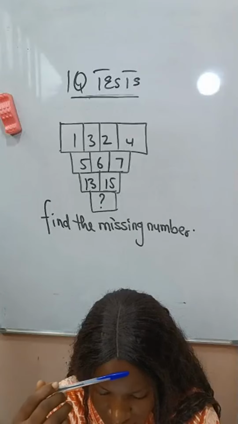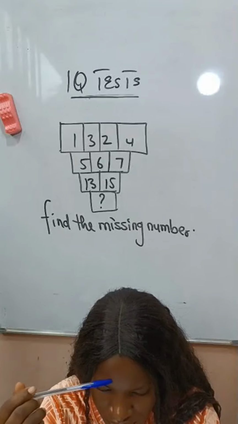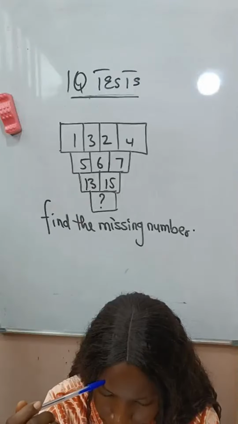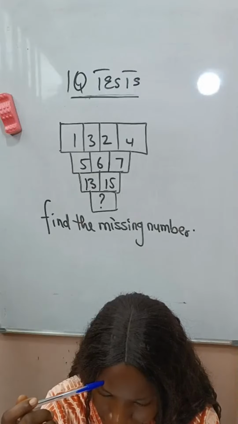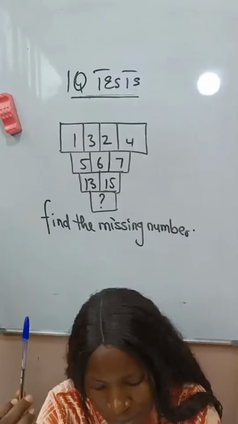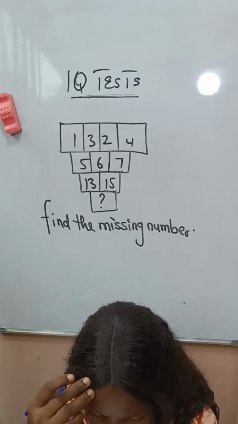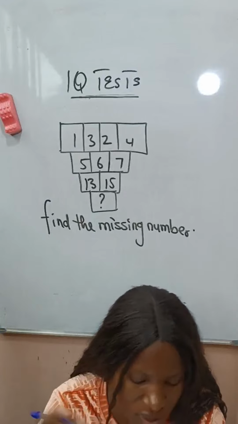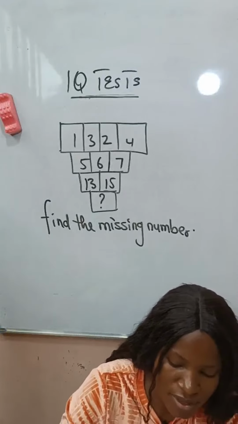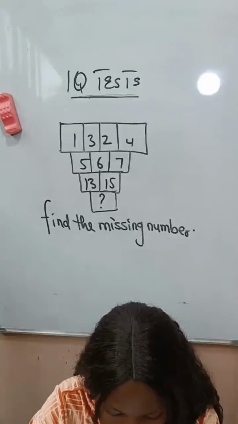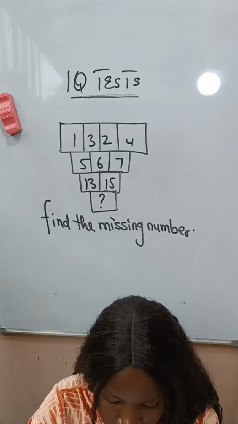Joey is saying the answer is 31. 14J is saying it's 30. Let's see what this says. For those of you that sincerely want to know the answer, 14G is saying it's 31.